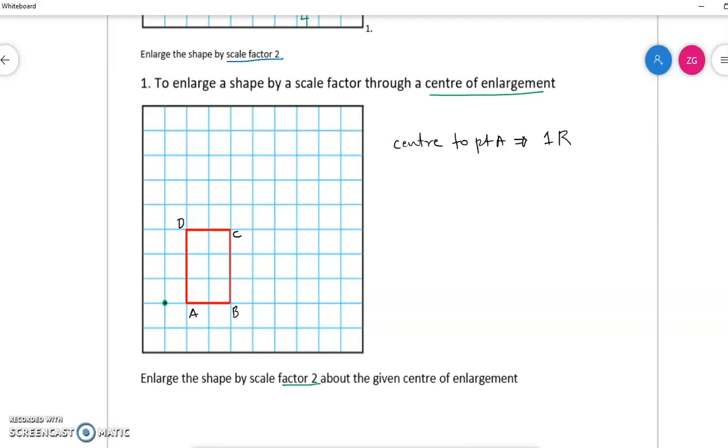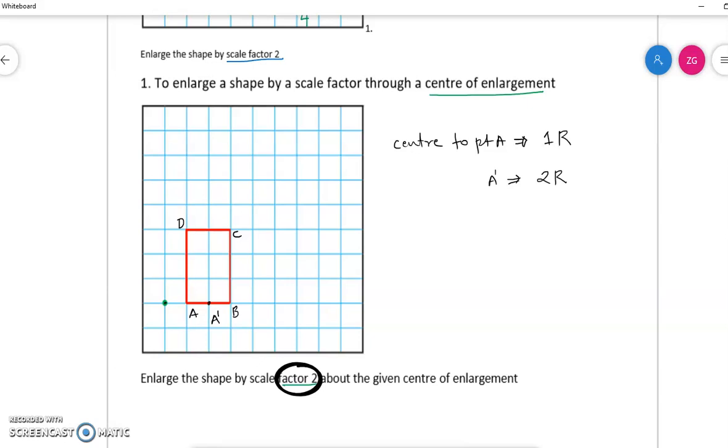Since we are enlarging by a scale factor of 2, my point A for the image, that is A dash, will be times 2. So 1 right will become 2 right. Go 2 right, and here is the position of point A dash.